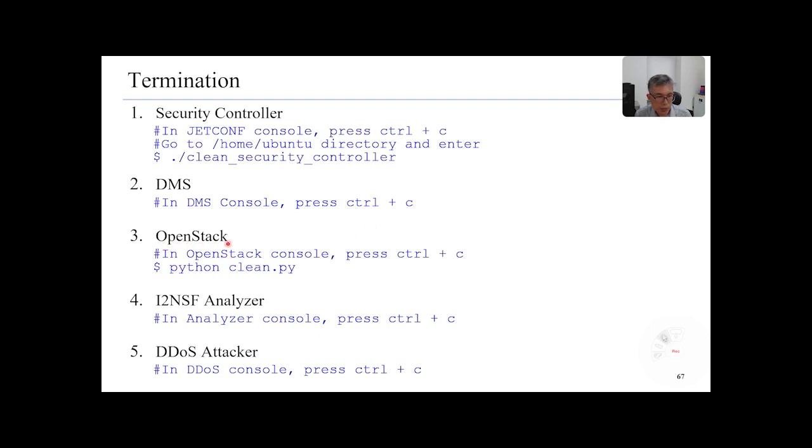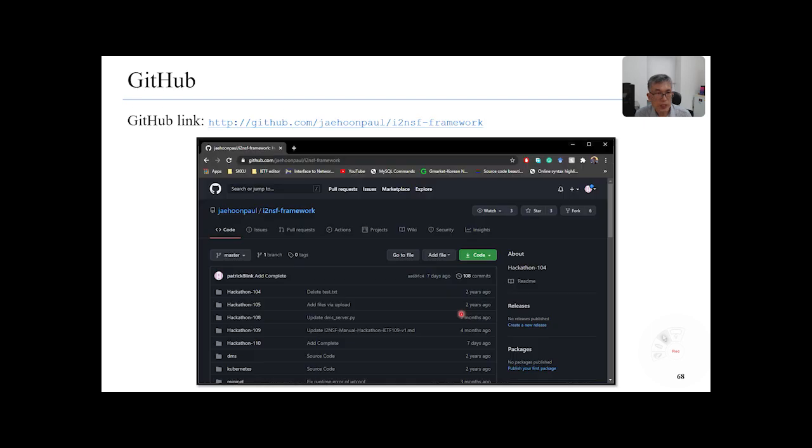In the OpenStack case, run the clean.py Python file. For the I2NSF analyzer, in the I2NSF analyzer console, you can press Control and C, and in the DDoS attack case also Control C.